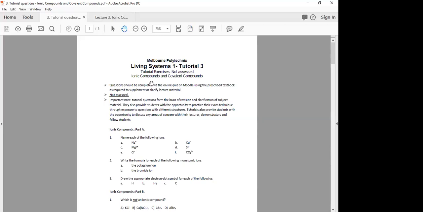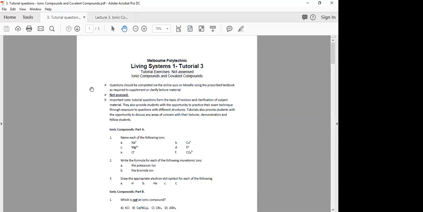You'll find questions on tonight's lecture, ionic compounds, and also questions on next week's lecture, covalent compounds. So you might want to leave these until next week, part 2 of these questions. And in order to check that you're on the right track, there is an online quiz for these tutorial questions.